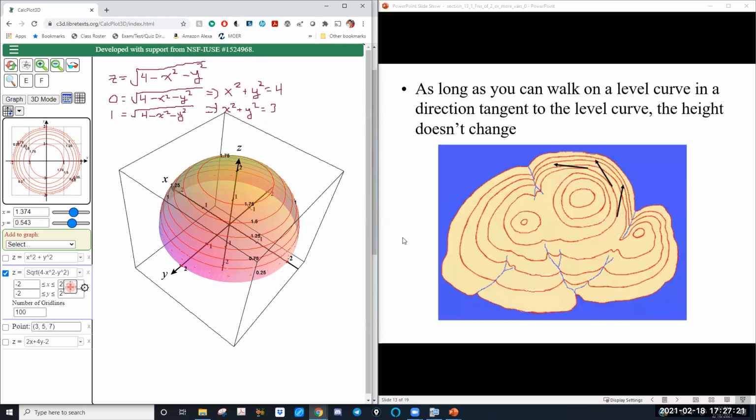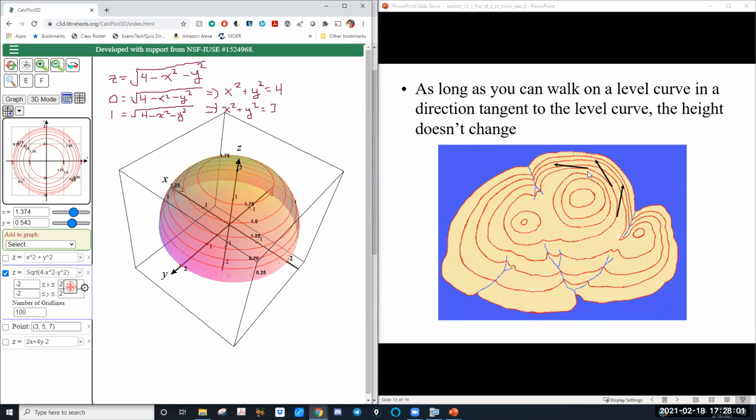Here's what I want to talk about, because this is going to serve us going forward. We want to start talking about moving in a direction tangent to a level curve, all right? Remember that if we're moving tangentially, we're talking about that instantaneous rate of change. So as long as we're moving tangent to a level curve, the height doesn't change. I really want to bring a couple of these points home because next week, when we start doing directional derivatives, we're going to apply these same concepts.